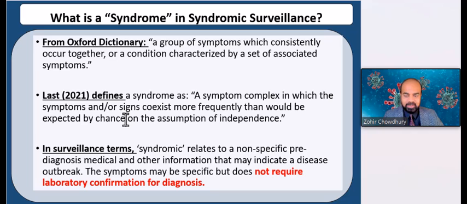In surveillance, a syndrome is a set of non-specific pre-diagnosis, medical, and other information that may indicate a disease outbreak. The symptoms may be specific but not require laboratory confirmation for diagnosis.